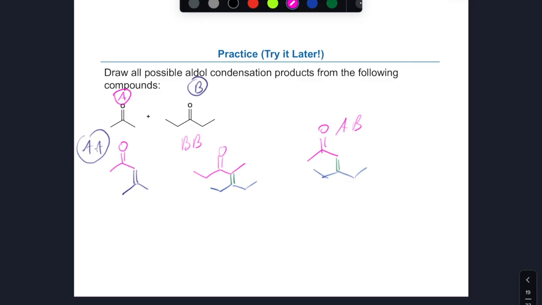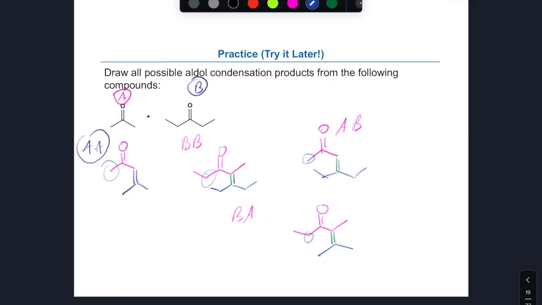Then we can do the reciprocal, our BA product, where this ketone is the nucleophilic fragment, bonded onto the acetone as our electrophilic fragment. So those are the possible combinations of our aldol condensation, and that's only the mono addition. We do actually have more centers over here, so you could imagine that dimerization over there gives us one more in those cases.